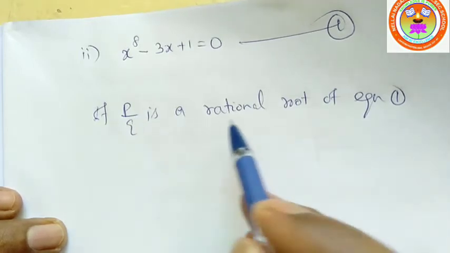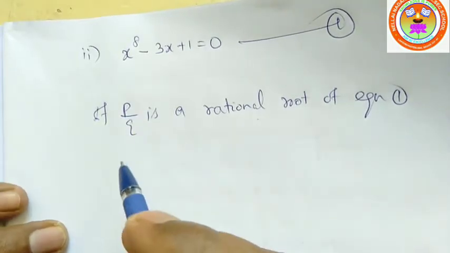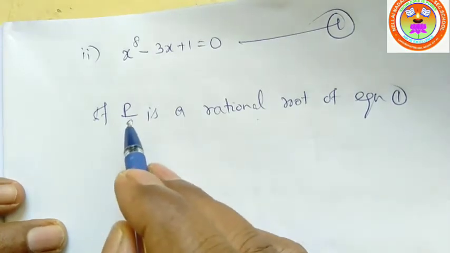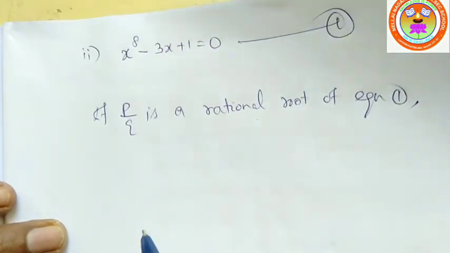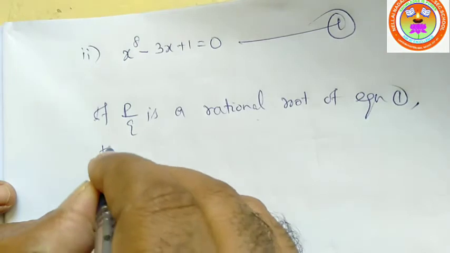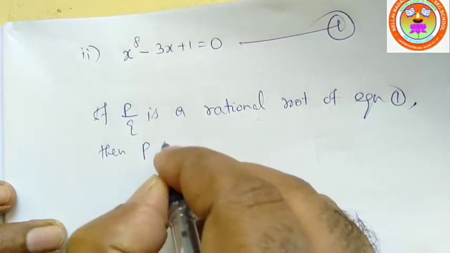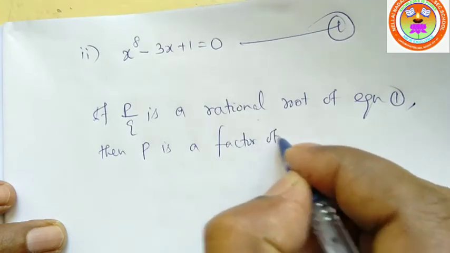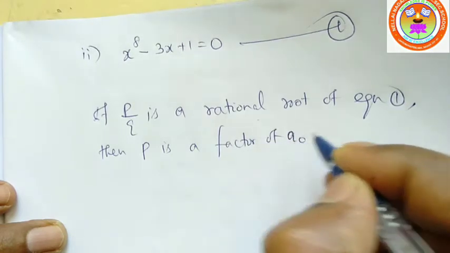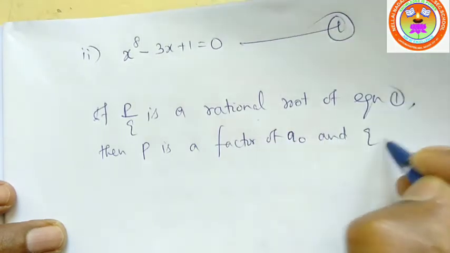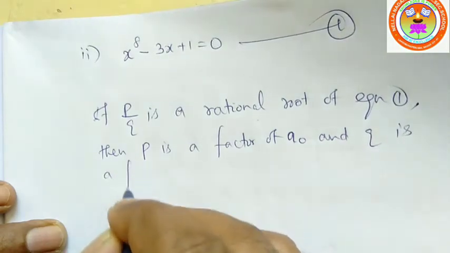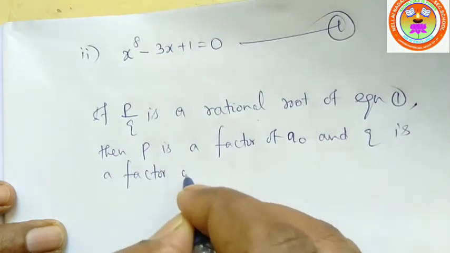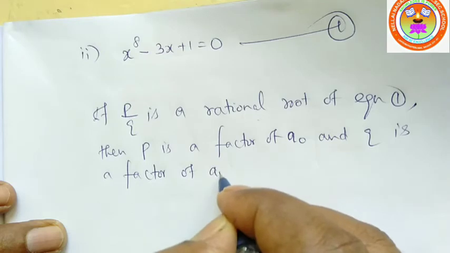That is why we are taking the rational root as P by Q. Suppose P by Q is a rational root of equation 1, then P is a factor of A0 and Q is a factor of AN.